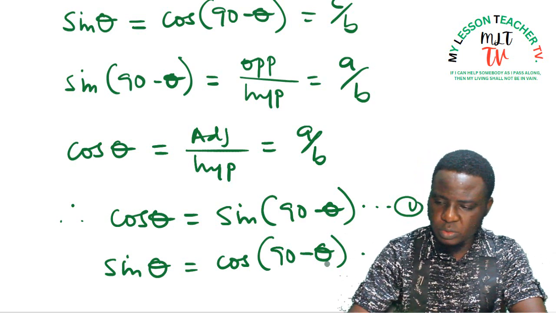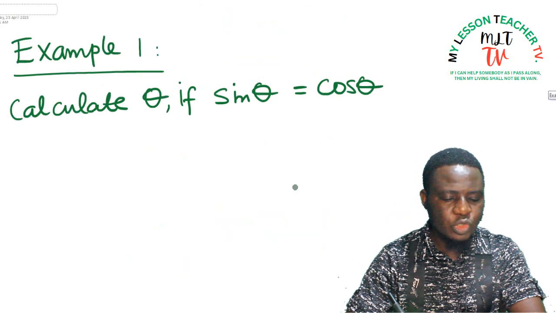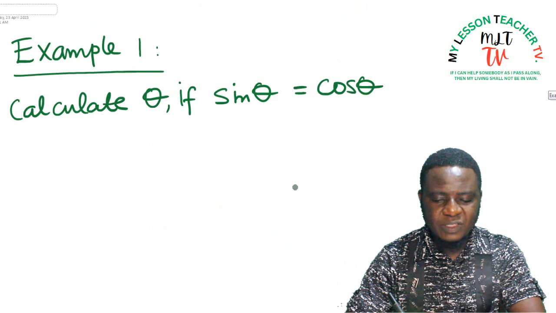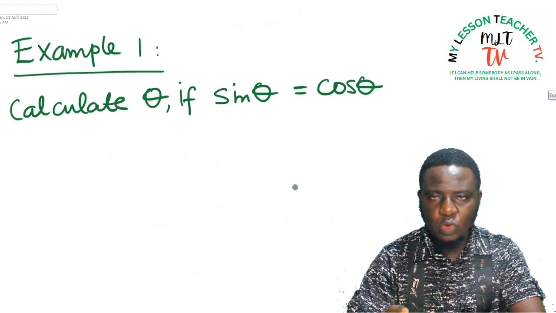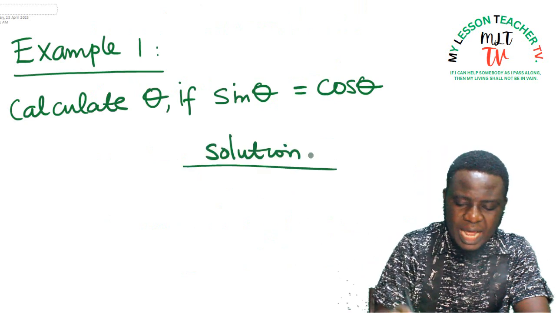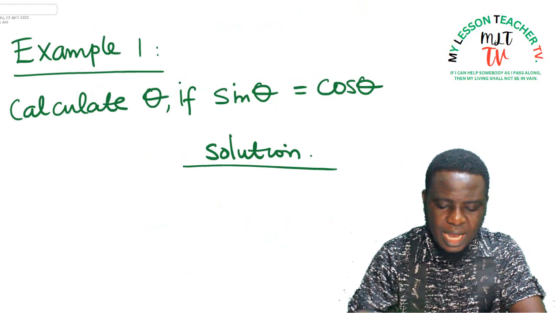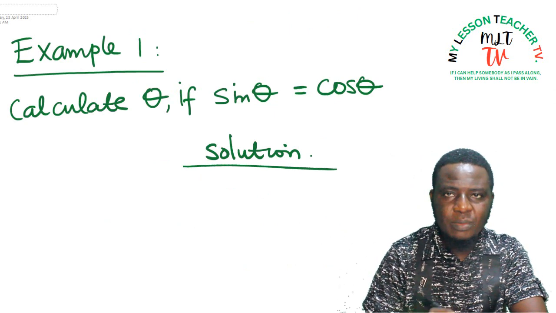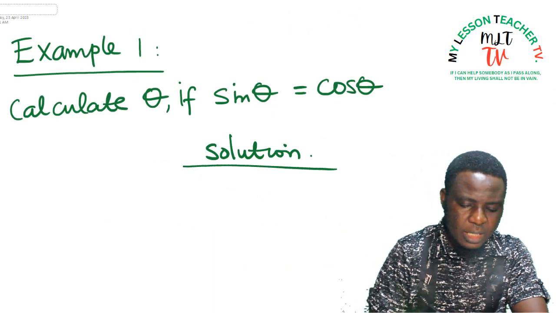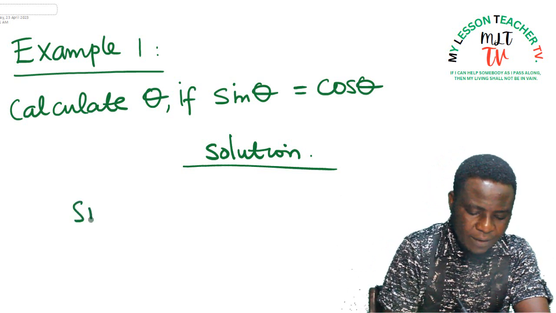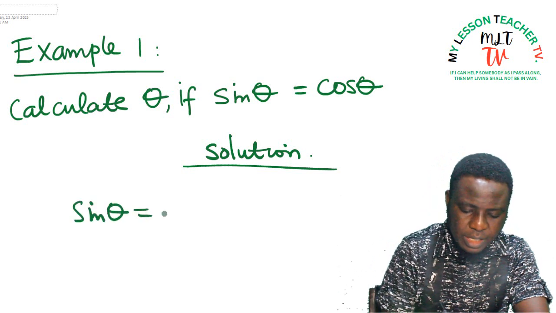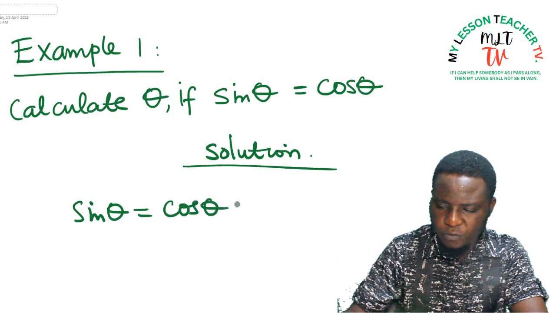Let's take some examples. Example 1 says we should calculate theta if sine theta is equal to cos theta. Using the idea of complementary angles, you can solve this. Now, if sine theta is equal to cos theta, we should find the value of theta.